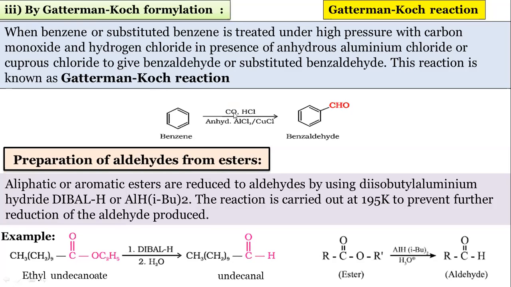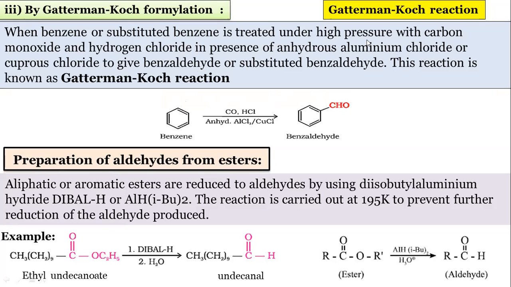See, carbon monoxide CO is given in presence of hydrochloric acid. The catalyst is anhydrous AlCl3 or cuprous chloride CuCl to give benzaldehyde. So in one step we can prepare benzaldehyde from benzene. Again, it is a very important reaction.